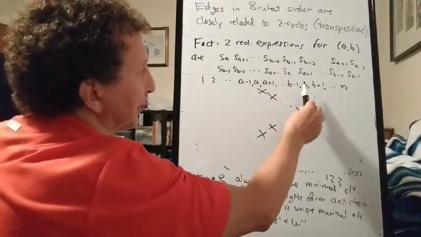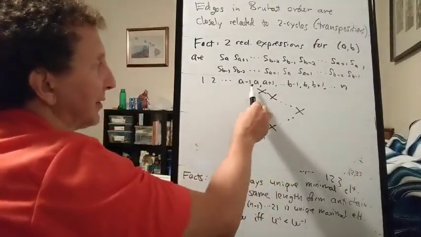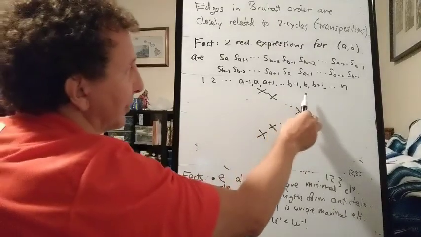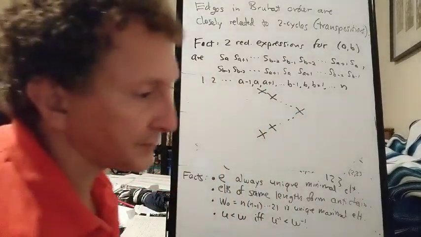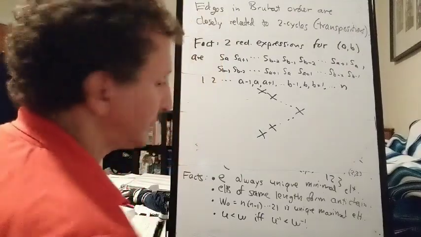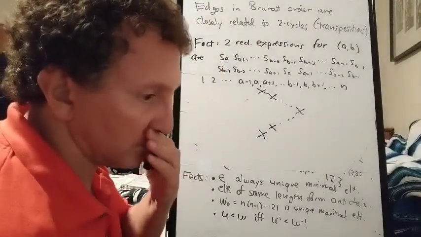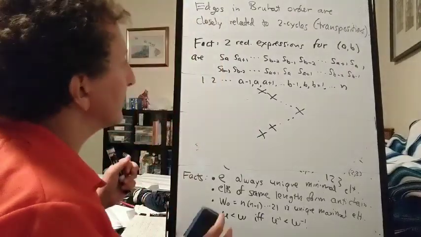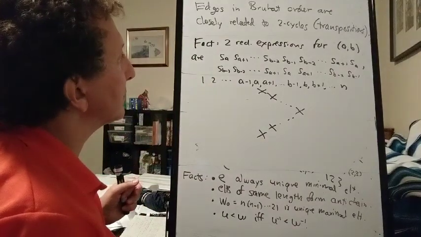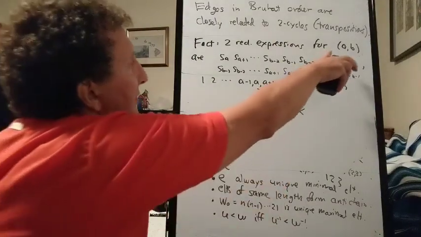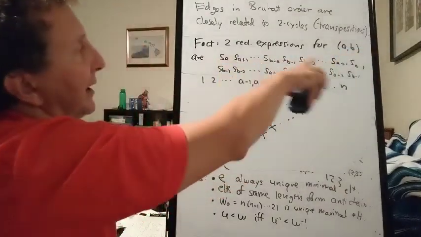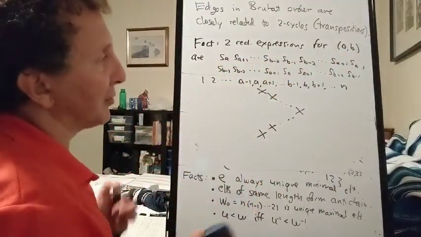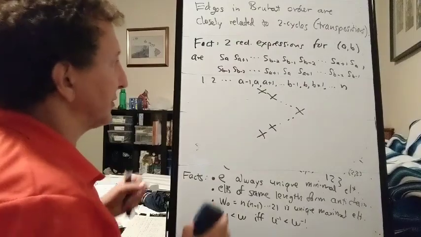Similarly, we could start with the B and move that to the left first, and then move the A to the right second, and that's what the second reduced expression here does. So the two-cycle or transposition AB has at least two palindromic reduced expressions.